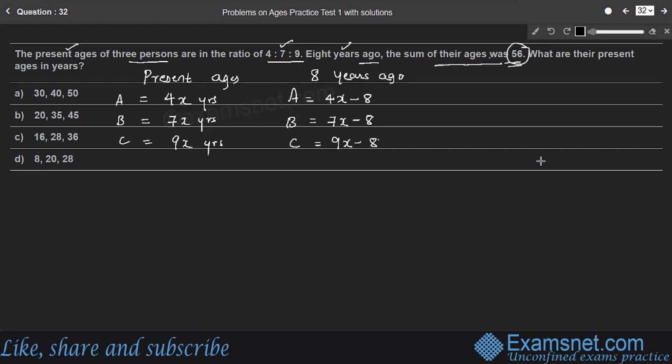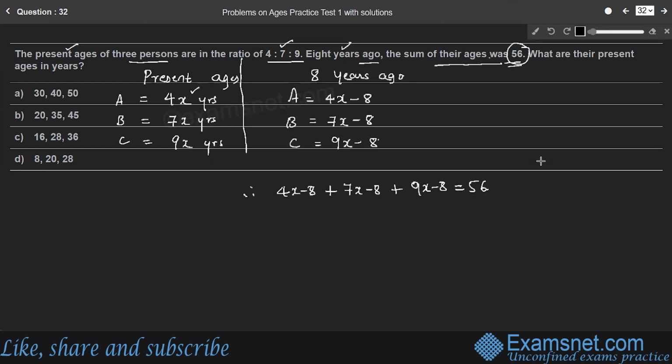We'll consider the sum of their ages. Therefore, 4x minus 8 plus 7x minus 8, A's age plus B's age plus C's age, plus 9x minus 8, it was 56. 8 years ago, the sum of their ages was 56. So what are their present ages in years?